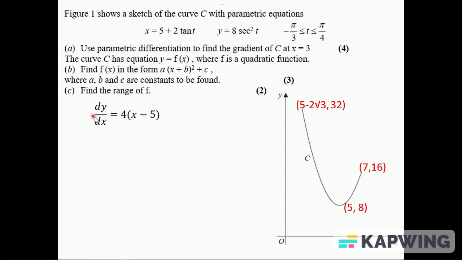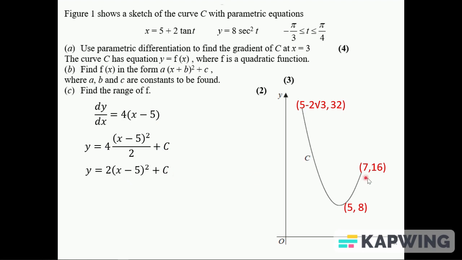What you could do, though, we found out that dy by dx is 4 times x minus 5. Remember, it was 8 tan t, the dy by dx. We can just integrate this because we've got dy by dx in terms of x. So x minus 5 all squared over 2 and multiplied by 4, and put plus c on the end. So the y then is 2 times x minus 5 squared, and we're nearly there.